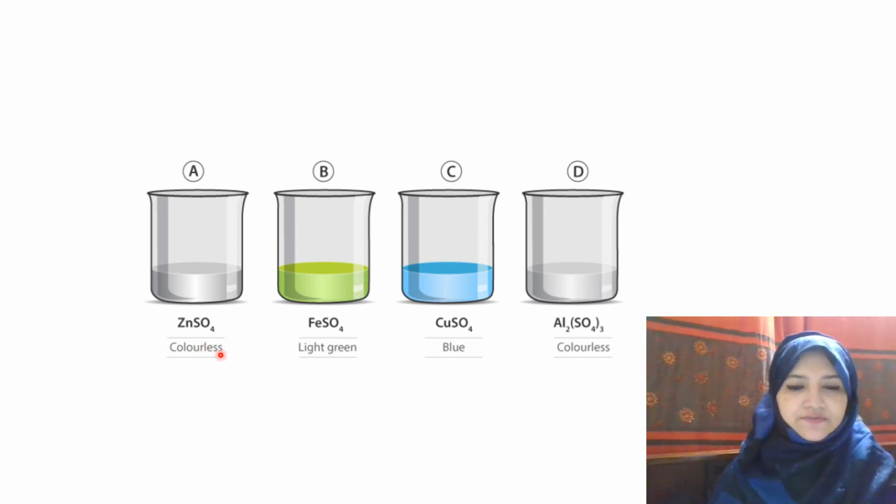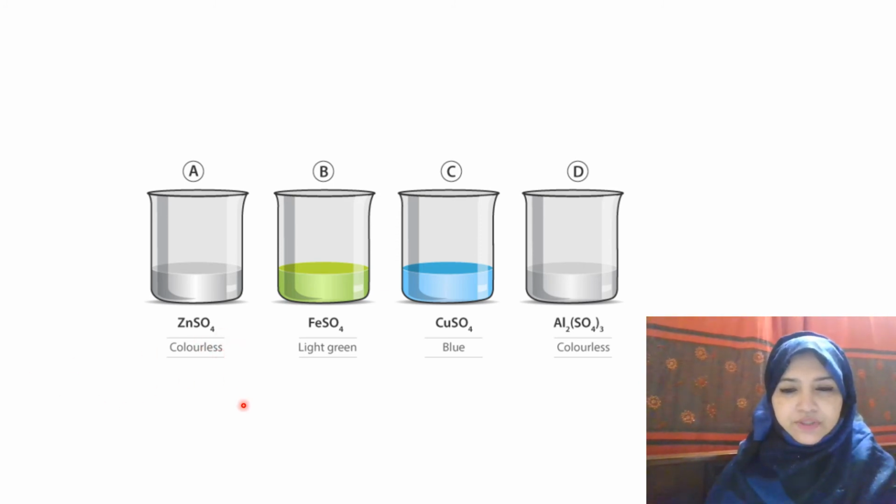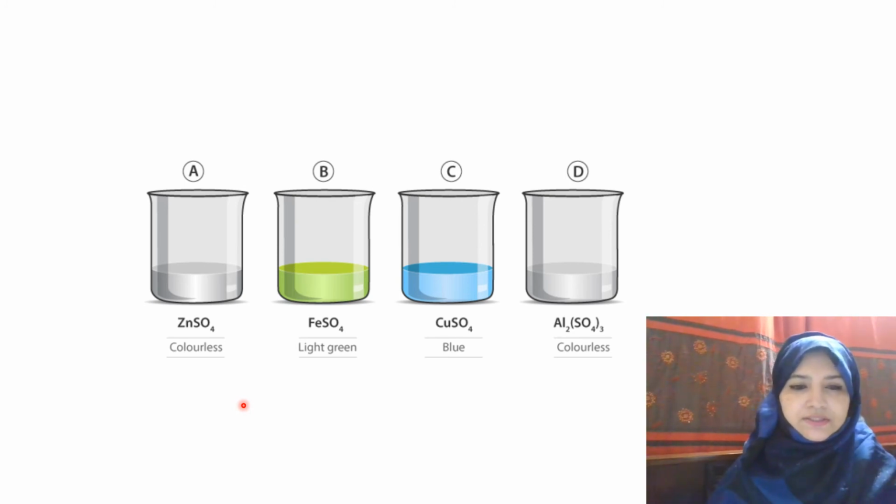This is zinc sulfate, and you can observe from these four beakers, A and D contain colorless solution, and these two, ferrous sulfate and copper sulfate, that means iron sulfate and copper sulfate, contain colorful solution.